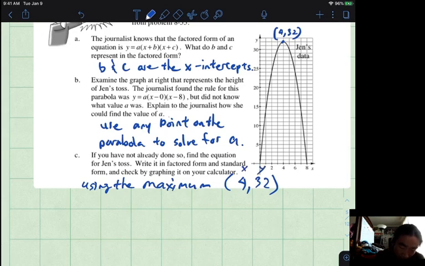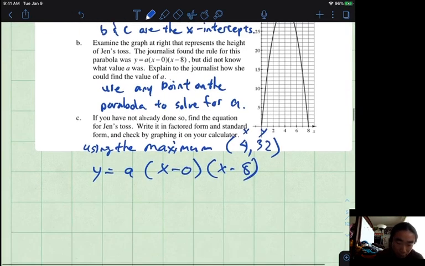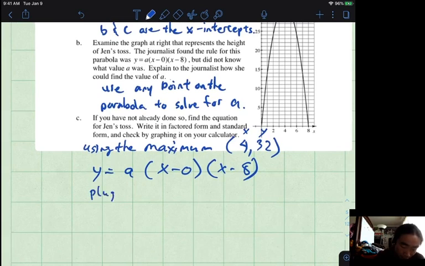That's an x, that's a y. y equals A times x minus 0, x minus 8. I'm just copying down the equation from before. Plug in x and y from above.